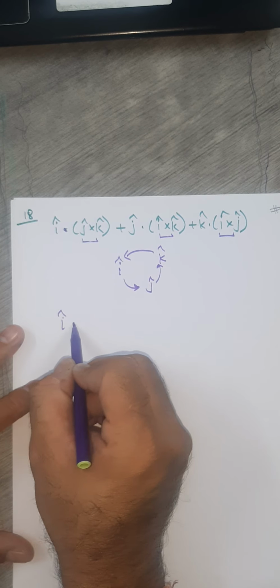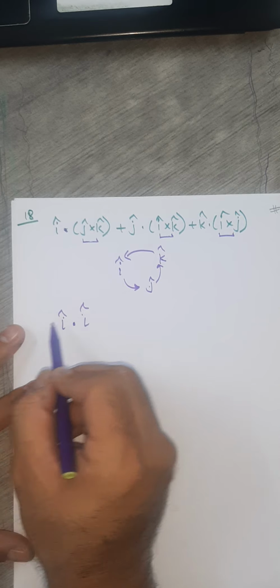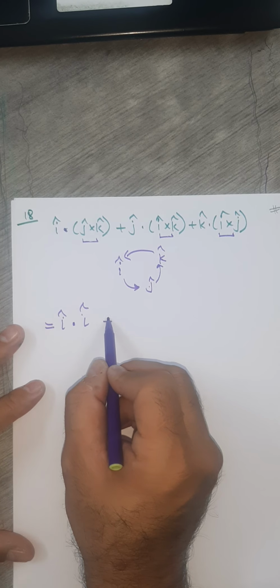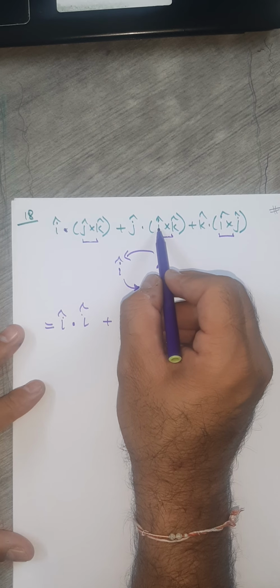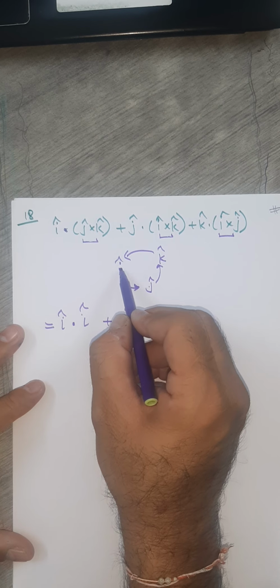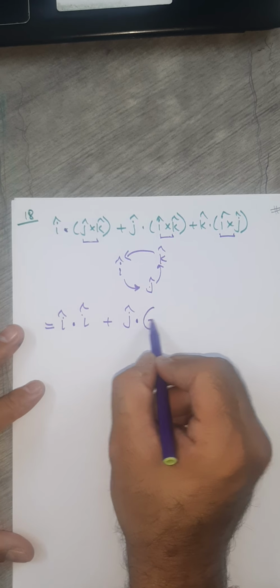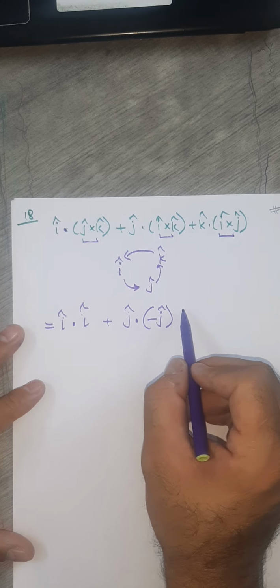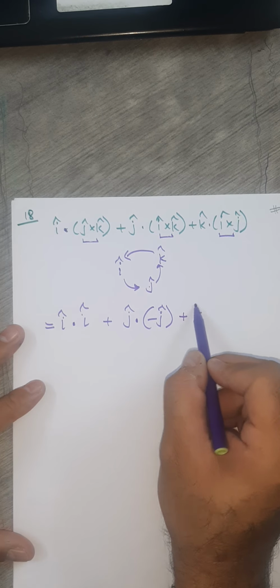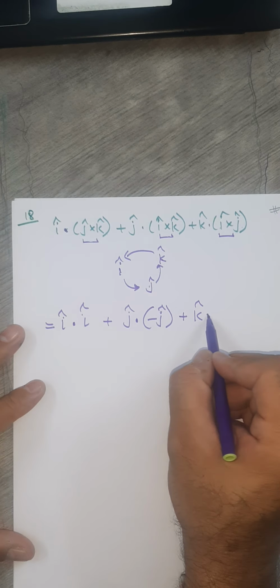This one as it is dot J cross K, it is I cap. Fine. Plus now J cap as it is dot I cross K. It's in the reverse order, so it has to be minus J cap. It's in the reverse order, so opposite sign. Plus K cap dot I cross J, which is nothing but K cap.